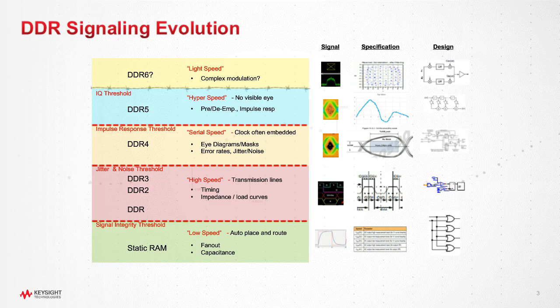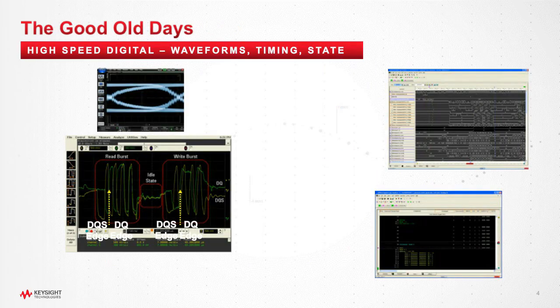So here, after 10, 15 years of stability, it seems like with each generation, we may have to make a quantum jump in the concepts that we go after. So let me show some examples of how this worked, just to put everything into context. So in the good old days, you'd have a relatively open eye, and you would think about waveforms over time.